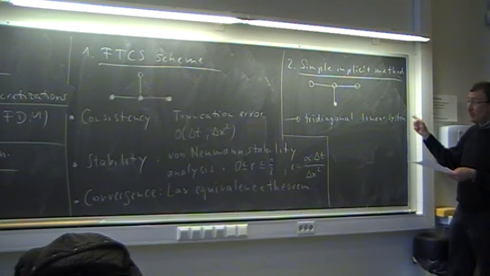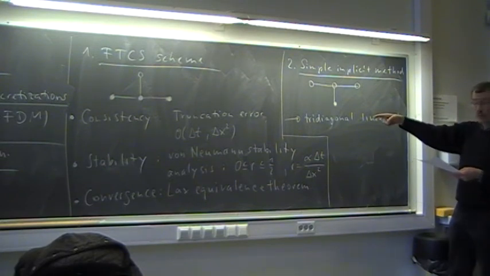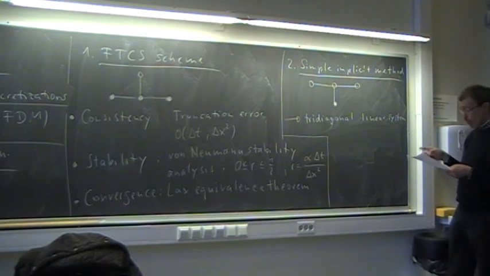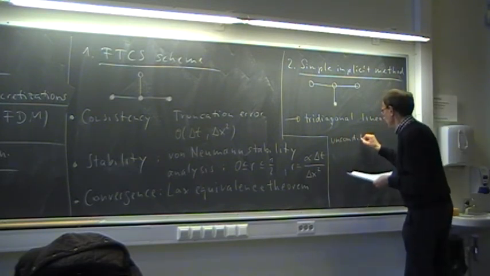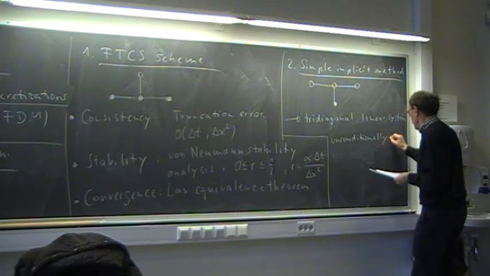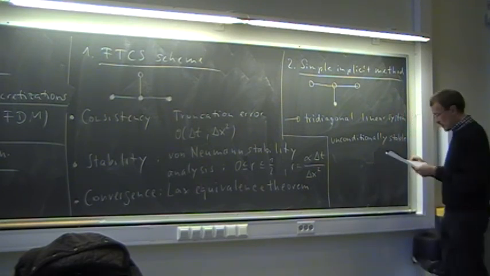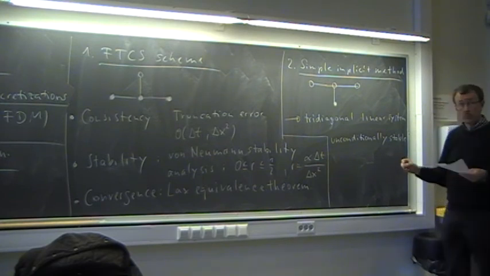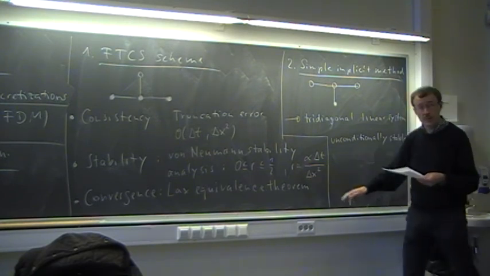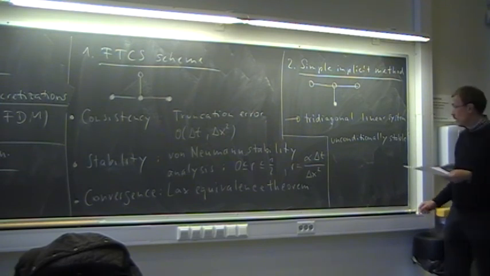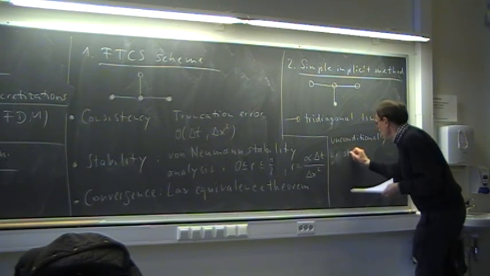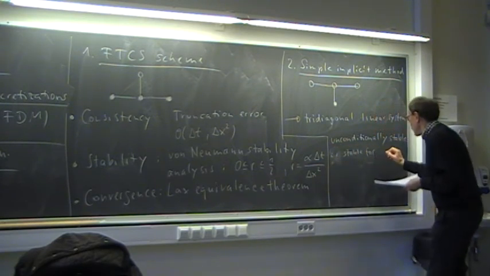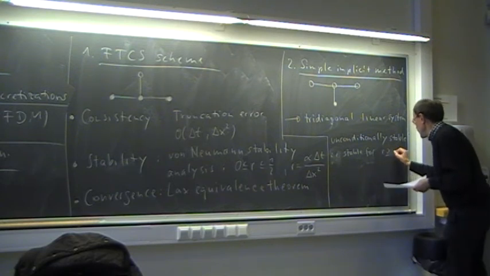The truncation error is the same as for the forward time-centered space, but this scheme is unconditionally stable. So, unconditionally stable. And that means stable for all R greater equal to 0.